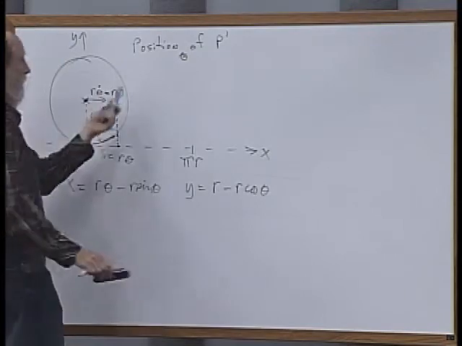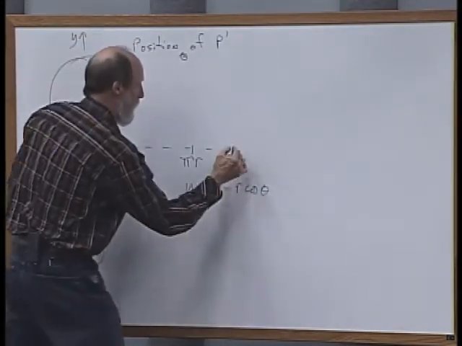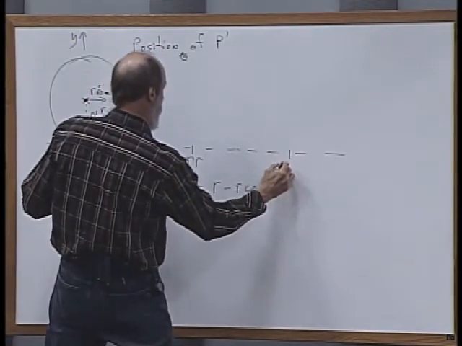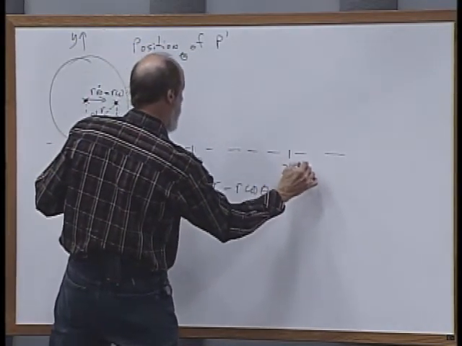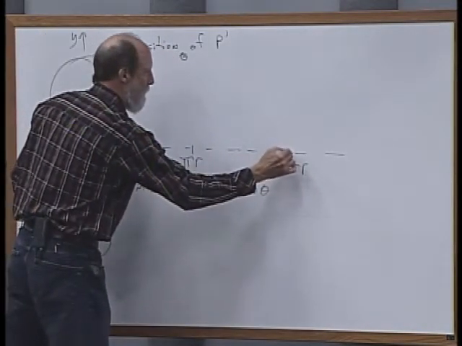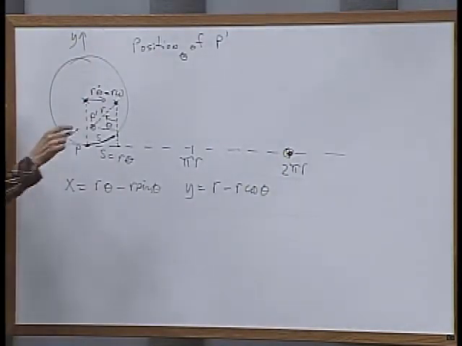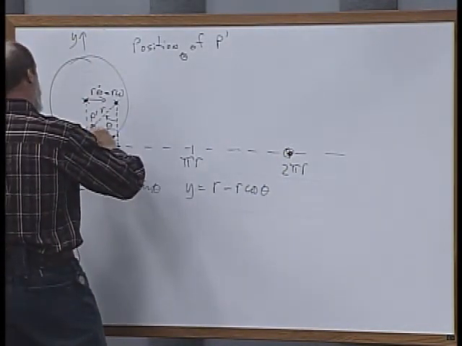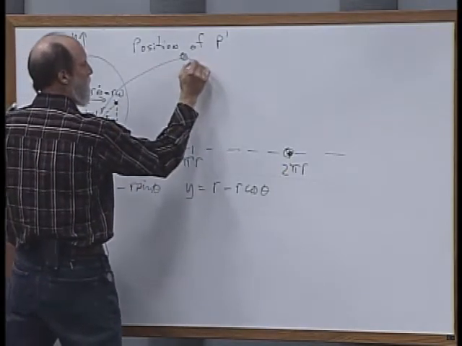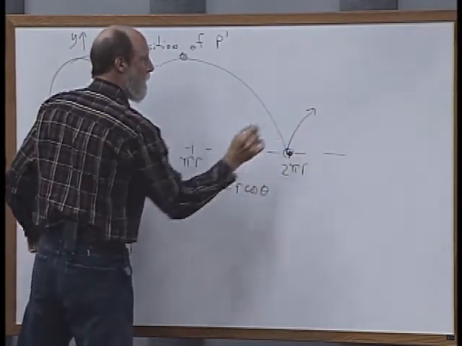To get that point P back down on the surface again so it can pick up some more rainwater, we've got to get through the entire circumference, 2 pi R. The path looks like that, and then it picks up and continues on again.